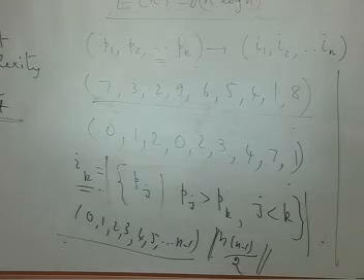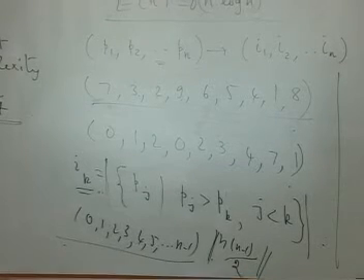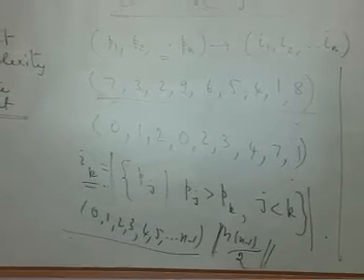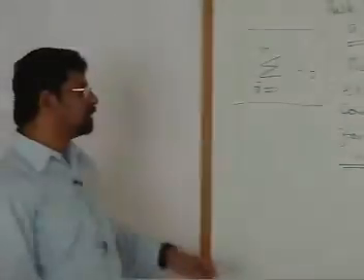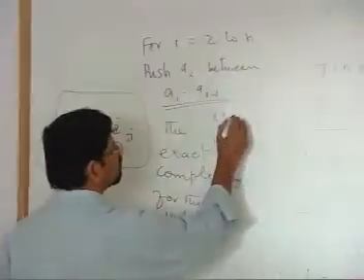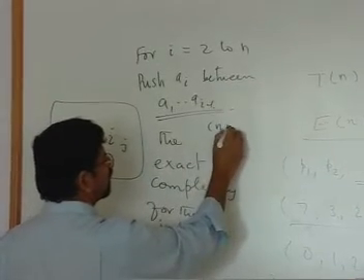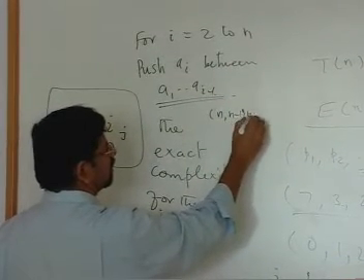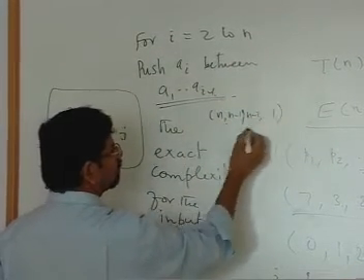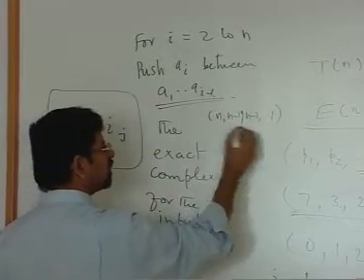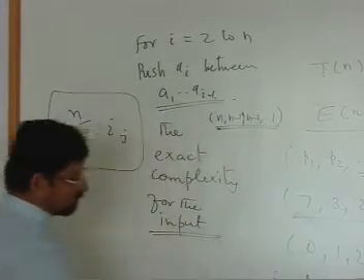So what is the maximum complexity? The maximum complexity is given by the maximum value, which is attained by the permutation in reverse order: n, n minus 1, n minus 2, down to 1. If you take this, this has to move 1 step, this has to move 2 steps, this has to move 3 and so on, and finally you have this.